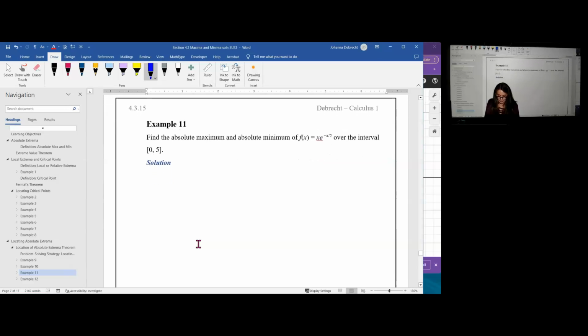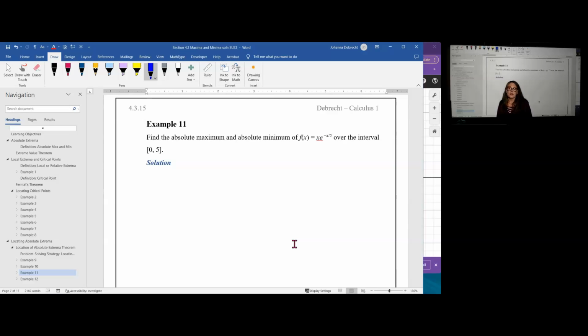Let's take a look at the next example together, since it is a little bit more complicated with the exponential function. We want to find the absolute max and absolute minimum of x e to the negative x over 2 over the closed and bounded interval 0 to 5.